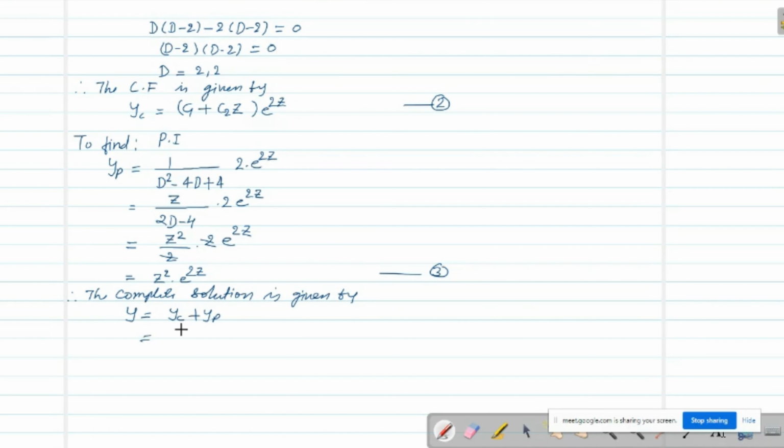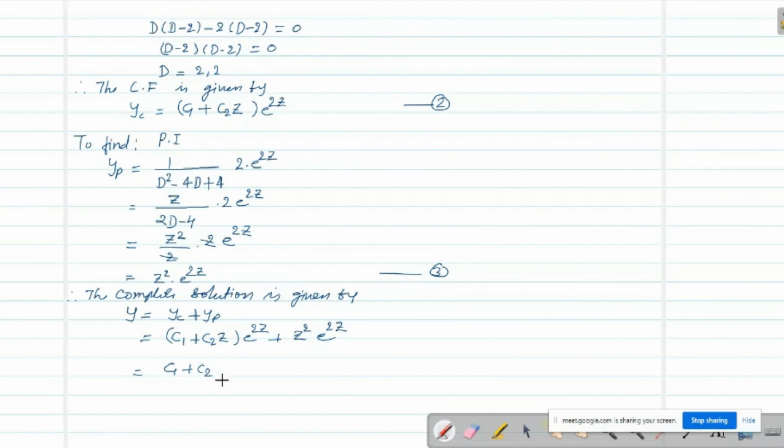Your yc is c1 plus c2 times z into e raised to 2z, and plus z square e raised to 2z. Okay, so now replace the value of z. What is the z here?